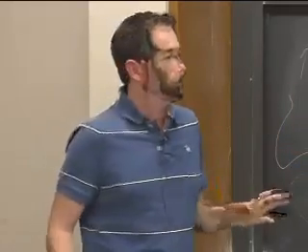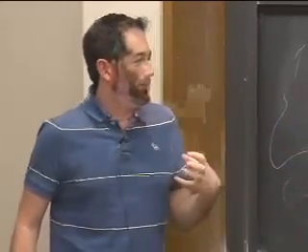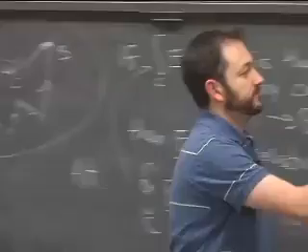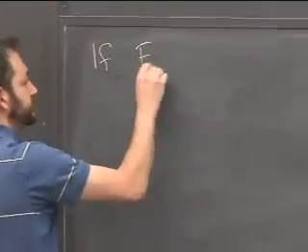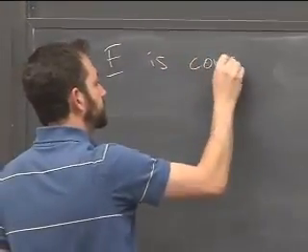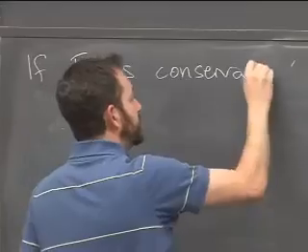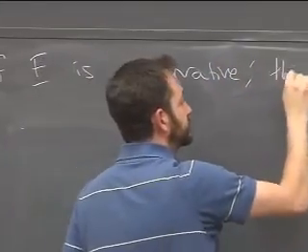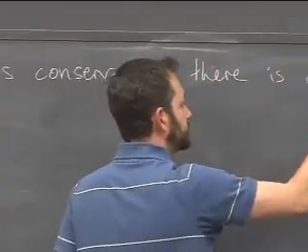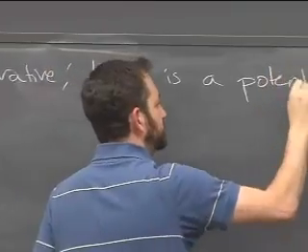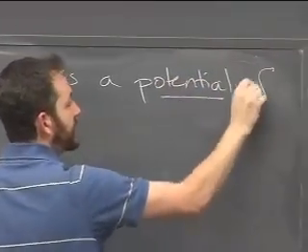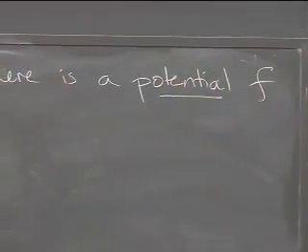And now last time we saw that if you have a conservative vector field, there is a potential f, which is a scalar function.